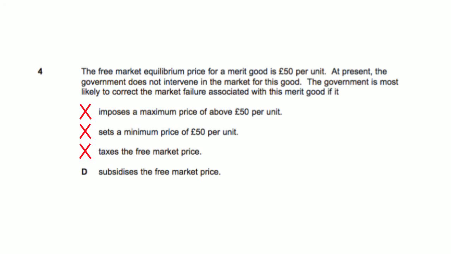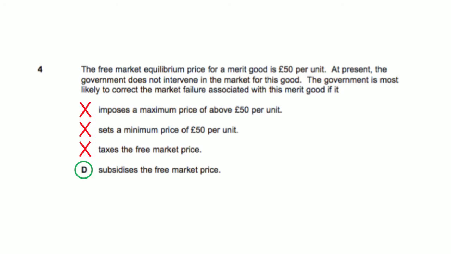This would result in a new equilibrium where the price is lower and there is a greater quantity consumed. The market failure for the merit good was that there was underconsumption, and this subsidy has caused consumption to increase. Therefore, consumption has moved towards or reached the socially optimal level. So the correct answer for 4 is D.